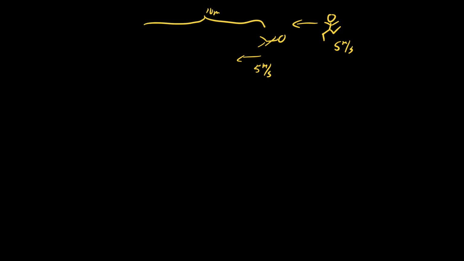There's a lot of information here, and depending on where we start this problem will determine the order of things to do. If the baseball player is running this way at 5 meters per second and suddenly begins their slide, assuming they're still traveling 5 meters per second at the moment they start their slide, and now for the next 10 meters, they slide until they're now going 2 meters per second.